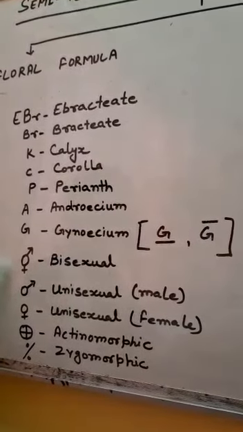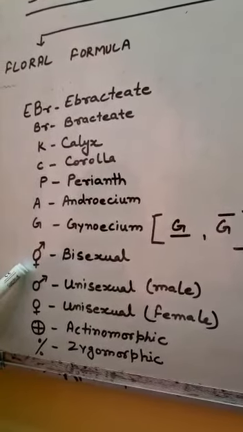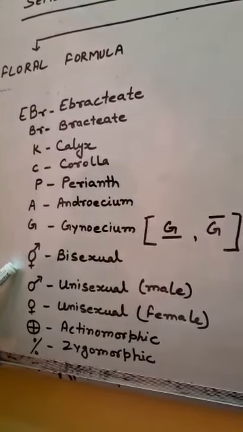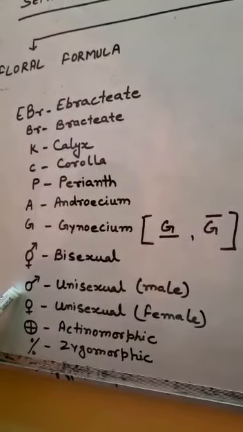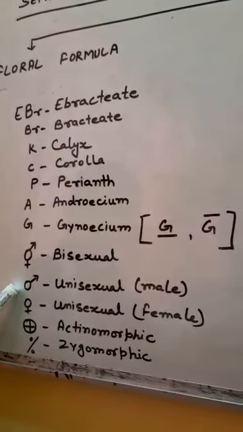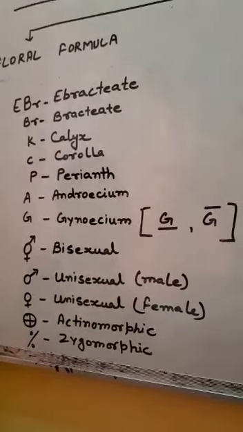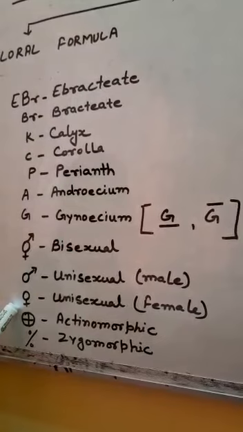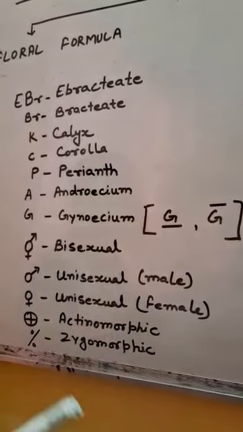This structure, a circle having an arrow on its top and a plus sign on its base, represents a bisexual flower. Again, the circle having only an arrow denotes a unisexual male flower. A circle with a plus sign at its base denotes a unisexual female flower.